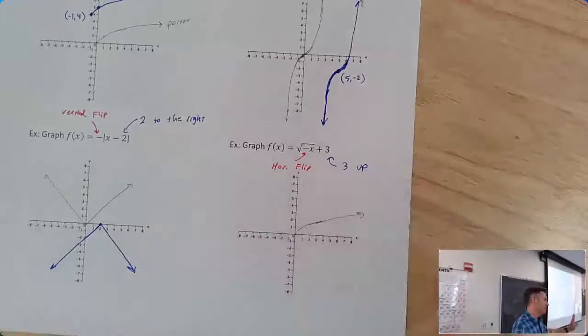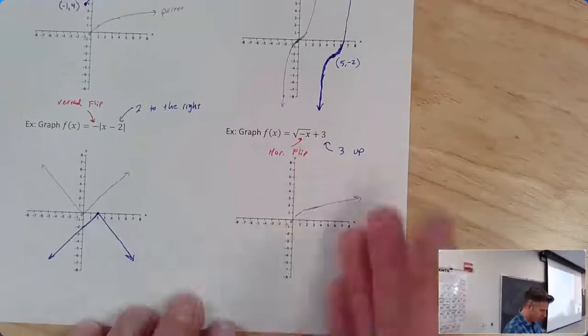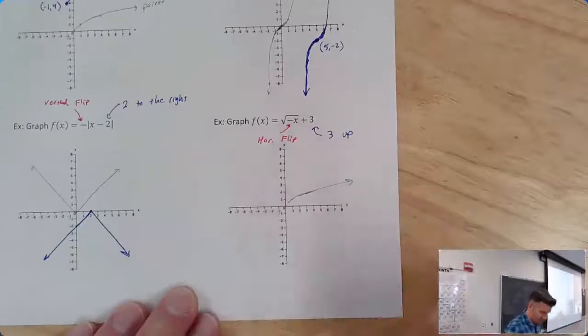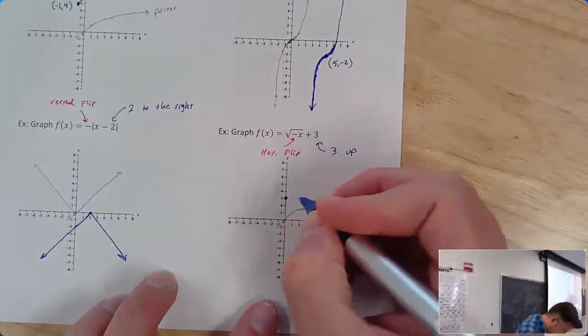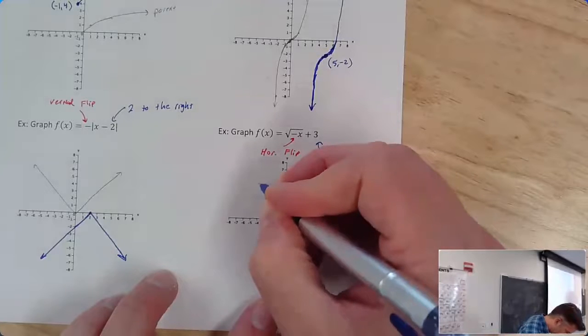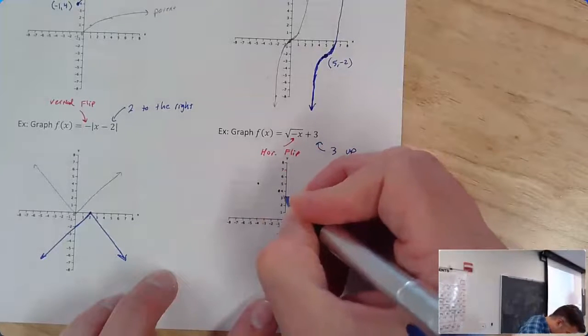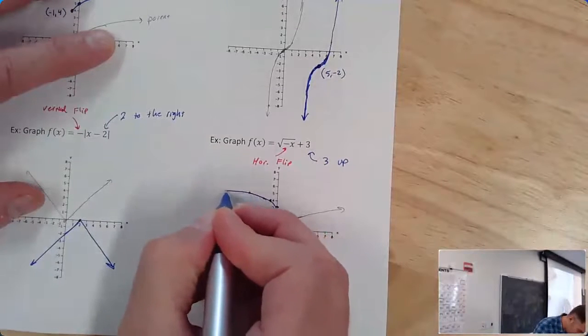Cool. Flip it over and then shift it up 3. So it's going to be opening to the left, and then it's going to go up 3. So my starting point is going to be 0, 3. And then instead of going to the right, it's going to go to the left. I'm never as good at drawing it to the left as I am to the right. I don't know why.